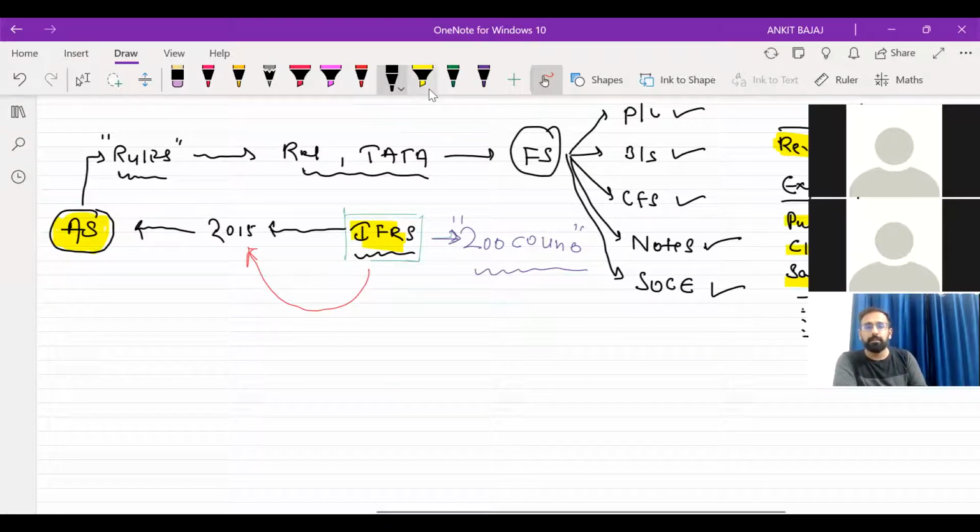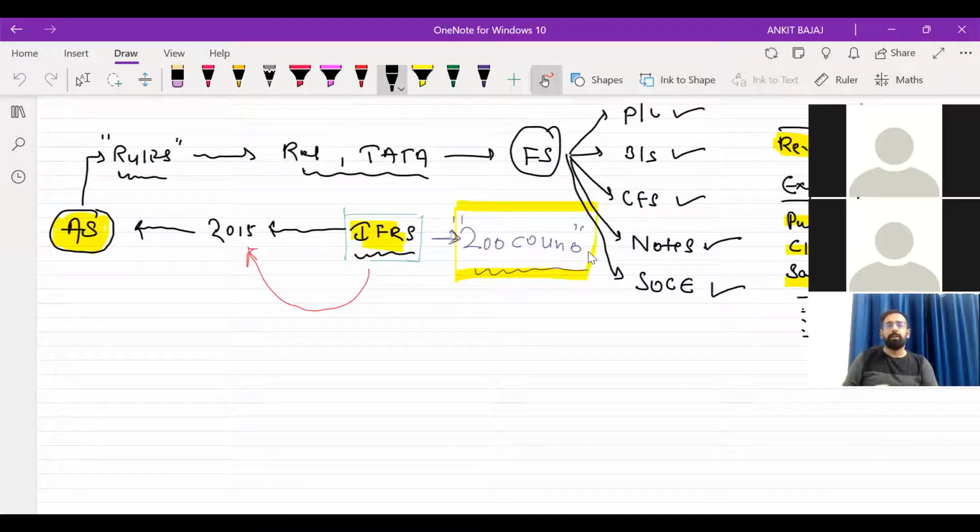Now, if 200 countries are following IFRS, then definitely our set of books and their set of books will be totally different, and there will be huge differences. There was a difference in format also.